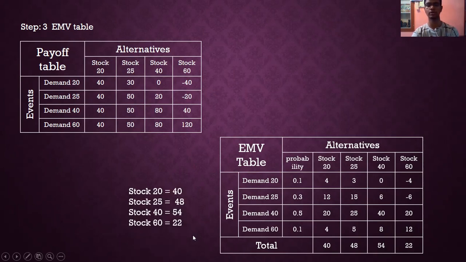Now we look for the highest value among these stock totals. The highest value here is 54, and the stock for this is 40. So stock 40 gives the highest profit, which is 54, and that is what we select. So now we are done with the EMV table, which is done with the help of the payoff table.